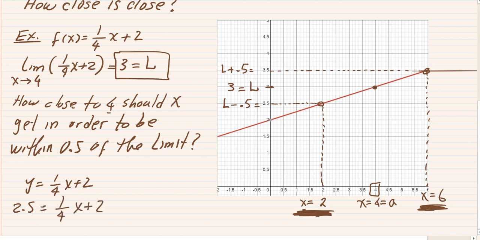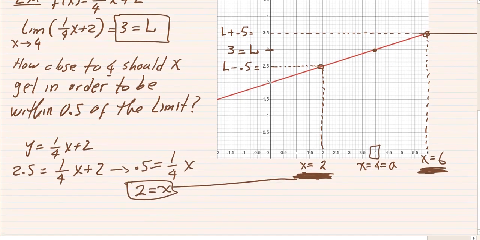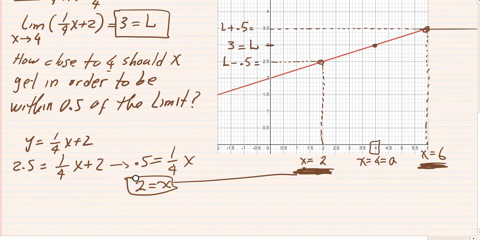So let's subtract 2 from both sides. That gives me 0.5. And then multiply both sides by 4. 4 times a half is 2, and there you go. I'm just trying to clarify and show you how you would do this without projecting from the graph, because later on we want to do this.